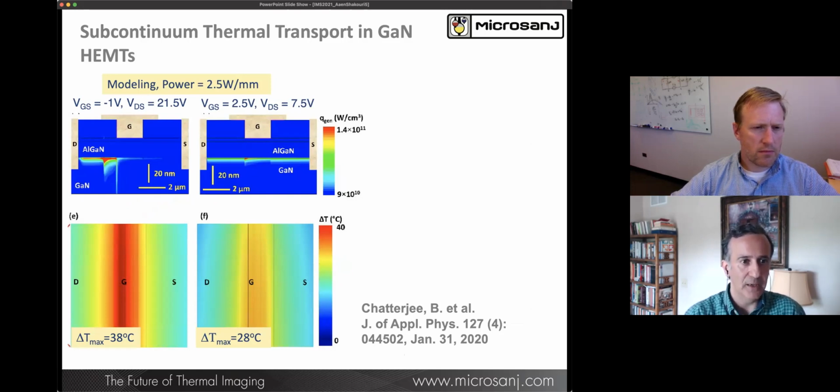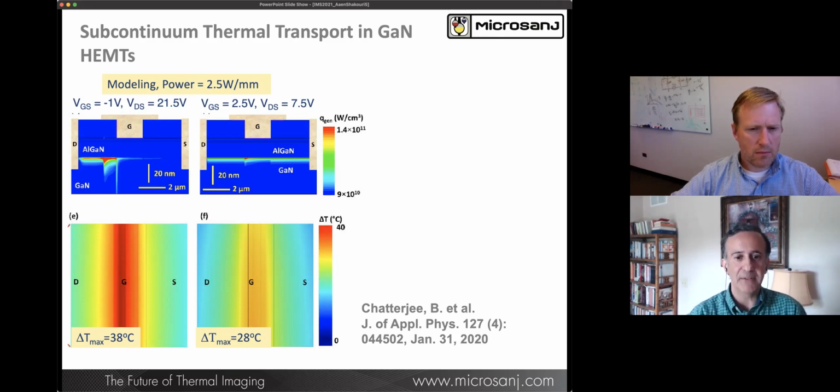And you can see when you are on the left-hand side, pinch-off, all of the heating is near the drain. And when it's on the right-hand side, it is more distributed. Theoretically, you would expect, even though the power is the same, the left-hand side gives you a delta T max of 38 degrees, while the right-hand side is 28 degrees. So that's an important point. That means that thermal resistance is bias dependent.